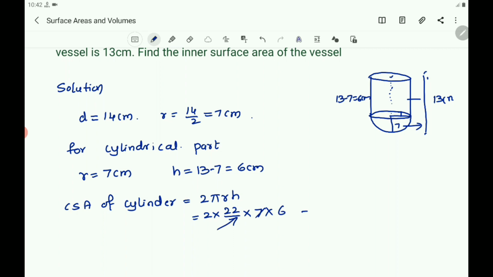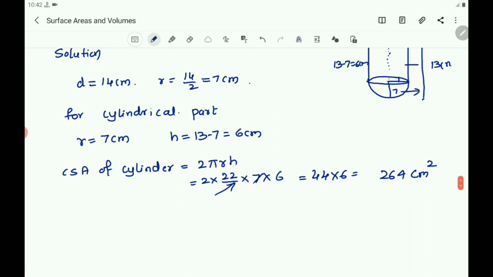The 7s cancel. 2 22s are 44. 44 into 6: 6 4s are 24, 6 4s are 24 plus 2, 26, so you get 264 cm square. That is for the cylinder.